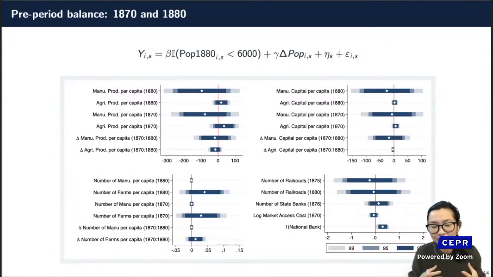But it's meant to give us some sort of reassurance that if the observables look very similar, then hopefully we're not too worried about unobservable differences. Of course, unobservable differences will always be a possibility in the background. That's not something that we would be able to directly address, but this is the standard way of thinking about what potential unobservable bias there might be.